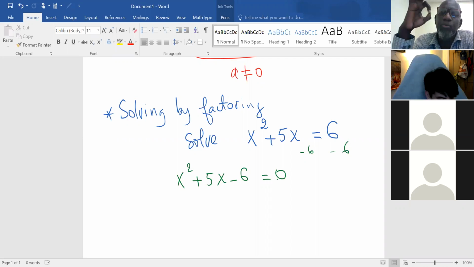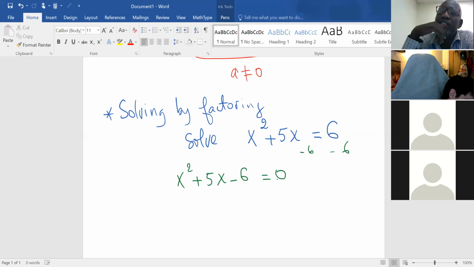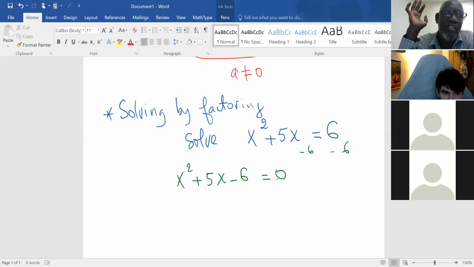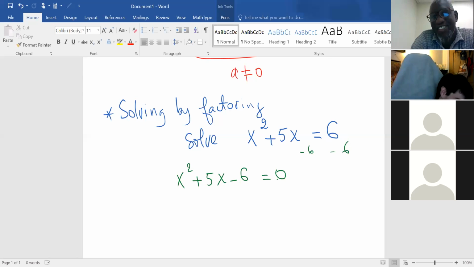So basically, you are looking for two numbers whose sum is 5 and whose product is negative 6. 2 and 3? What is the exact number you're thinking about? Negative 2 and positive 3.